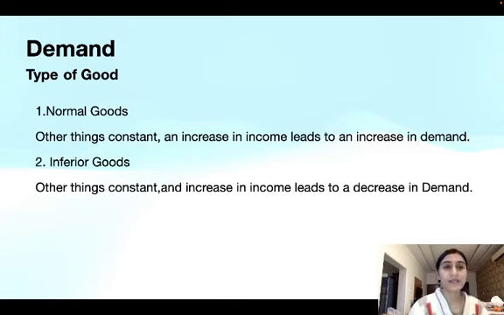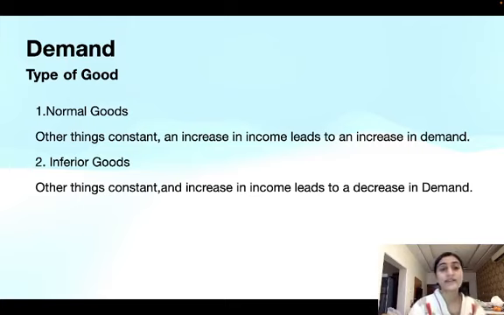But if my income increases, then I will spend more on the good that I really like, so I will consume more of that good. And a particular ice cream which is very cheap, which I was consuming because I liked ice cream and could not afford a good quality one, the demand for this cheaper ice cream would decrease because of my increase in income.